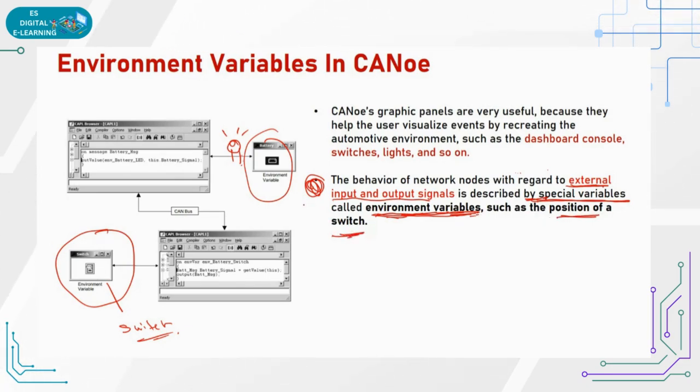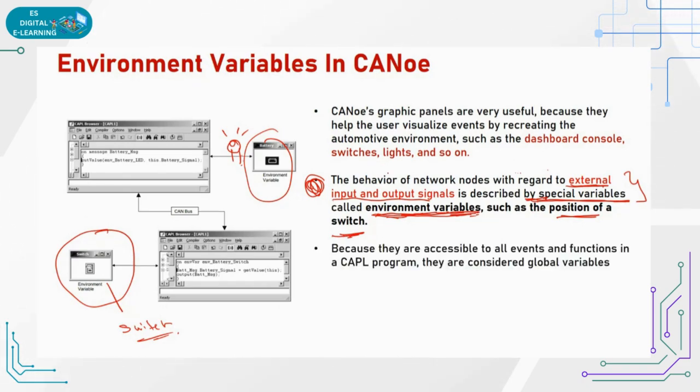You can give this sentence. In interviews also, if they ask whether you know about environment variables and can you give an example, you can give this. So the external input and output signals are described by special variables called environment variables, such as a switch.